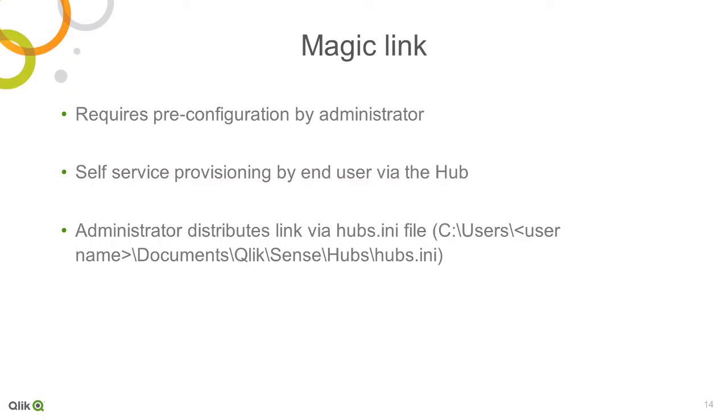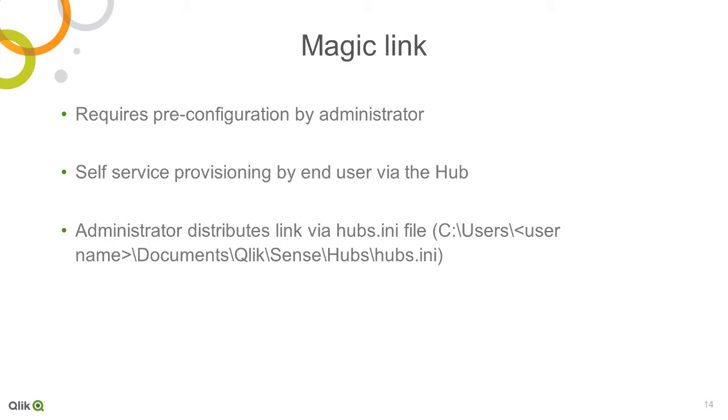So let's recap. Requires pre-configuration by administrator. Self-servicing by the end user via the hub. And then we have this third method here that is quite interesting for IT administrators, right?